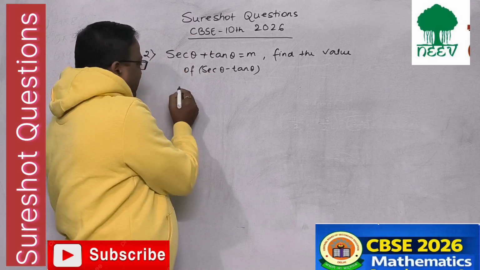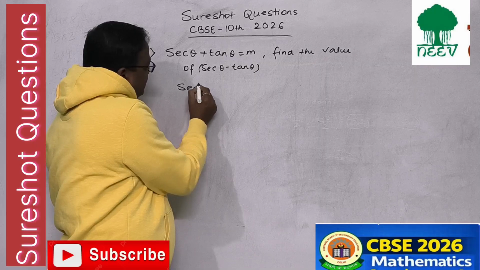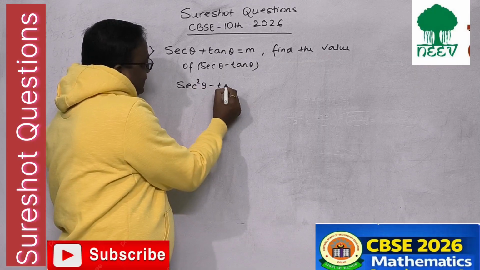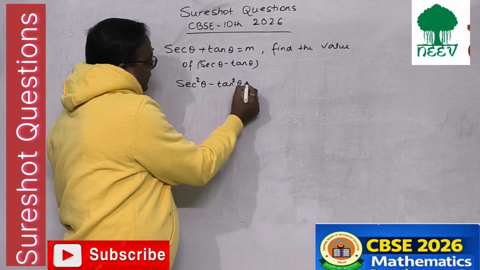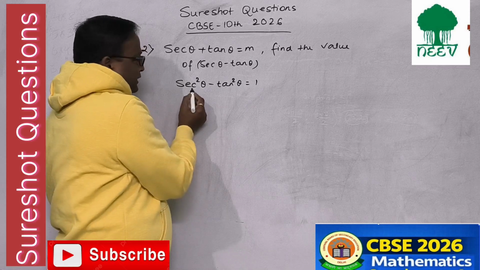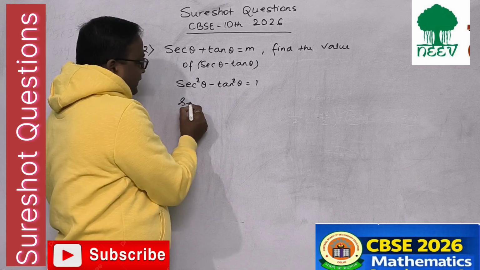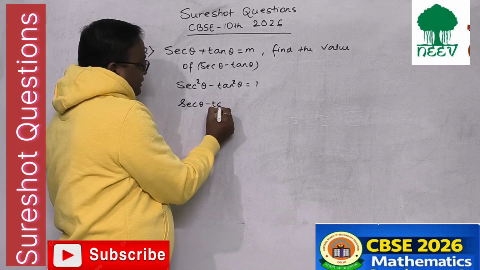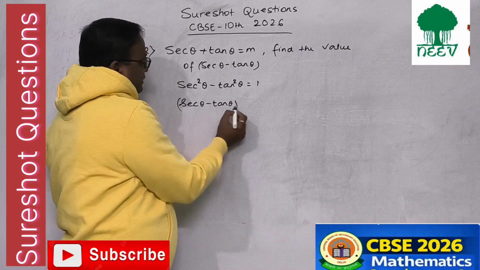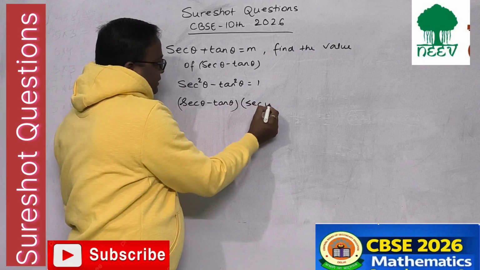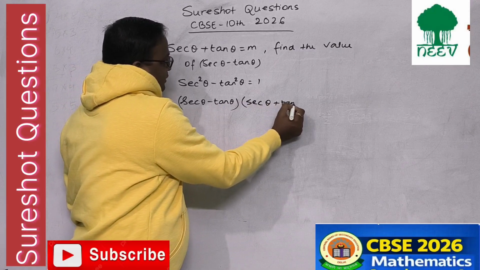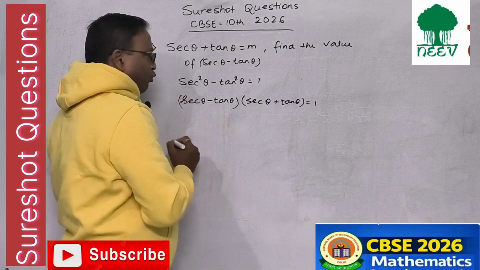Okay. So we have an identity which says sec square theta minus tan square theta is 1. This is a square minus b square, which we can write as sec theta minus tan theta multiplied by sec theta plus tan theta. This is equal to 1.